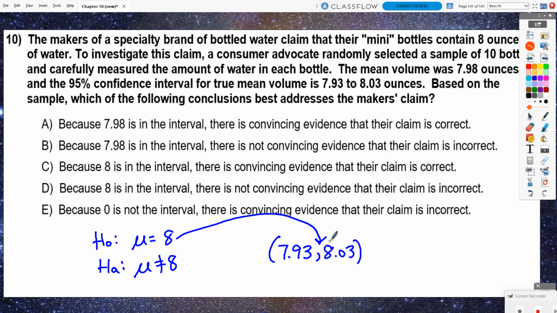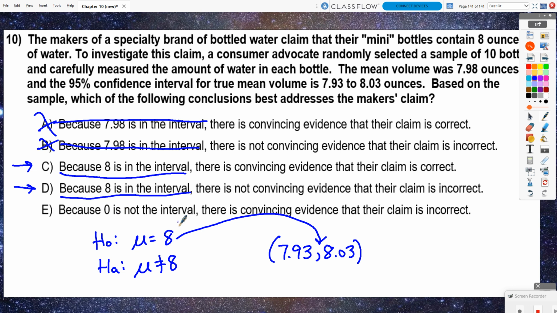It is the true midpoint of this confidence interval. So absolutely it's in there. That's how the confidence interval started to be created, was by the 7.98. So they're using the wrong value to explore in the confidence interval. But we're wanting to look at 8. So because 8 is in the interval, okay, so far C and D are looking great.